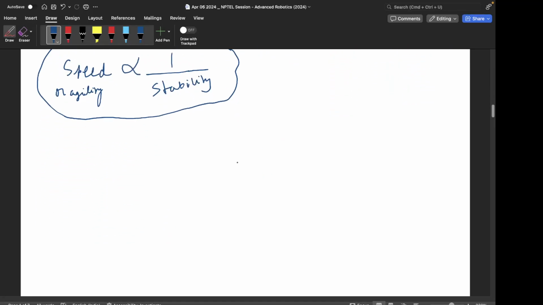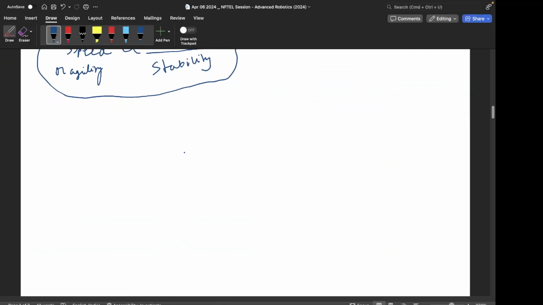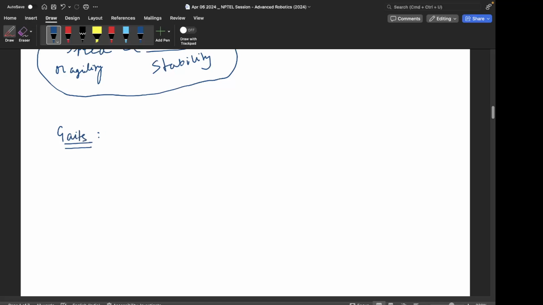Okay, now we will look into gaits. So what is a gait? A gait is a repeating pattern of legs. It's a sequence which repeats. So for instance, a quadruped has four legs, right?